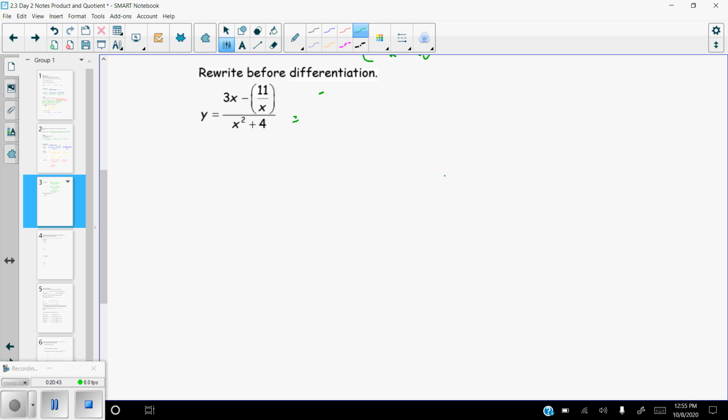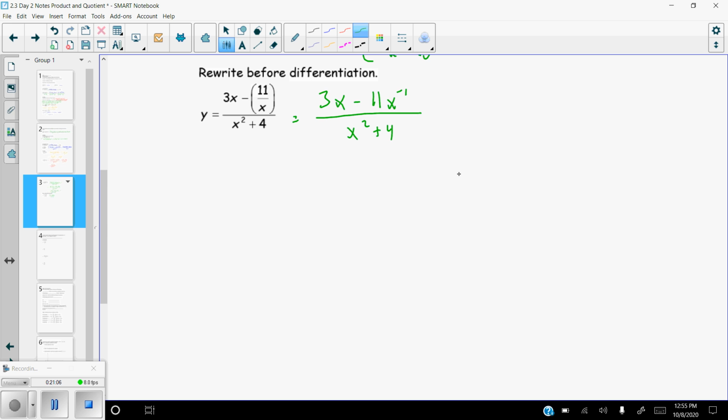So we're going to rewrite that numerator as 11x to the negative 1, and then over x squared plus 4. Now, the other way you could have simplified this, and if you saw to do it this way, this still works, you could multiply the numerator and the denominator by x and get rid of the compound fraction that way. Either way is perfectly fine.